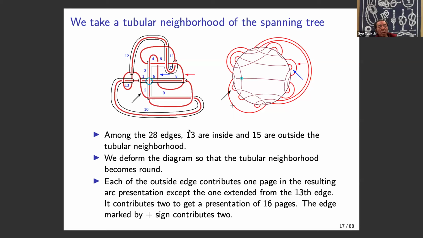Each of the outside edges contributes one page in the resulting arc presentation, except the one extended from the 13th edge. This 13th edge extension corresponds to the curve I marked with a plus sign. We're going to bend this and give some extra height here, as we did with the figure-eight knot.